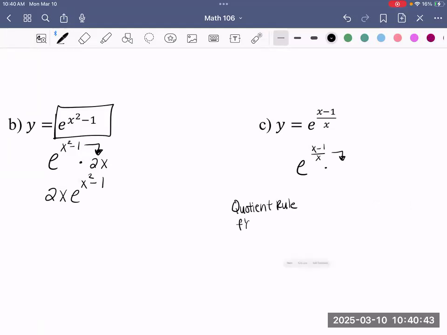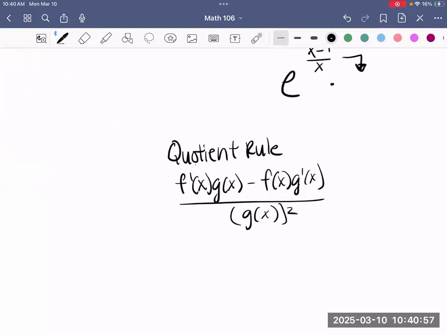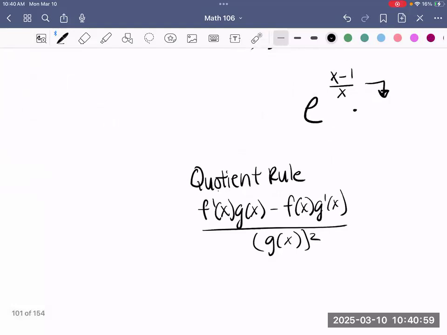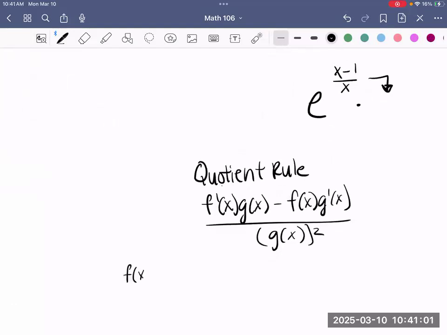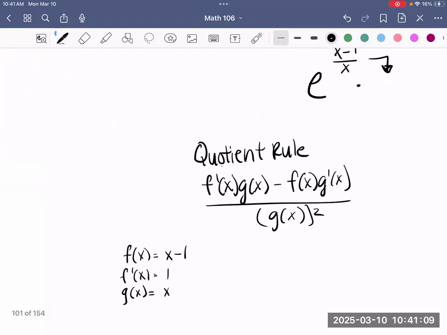We have f prime of x, g of x minus f of x, g prime of x over g of x all squared, or high d low, low d high over low squared. Where if we say f of x is x minus 1, therefore f prime of x is 1. g of x is just x, and g prime of x, again, is just 1.